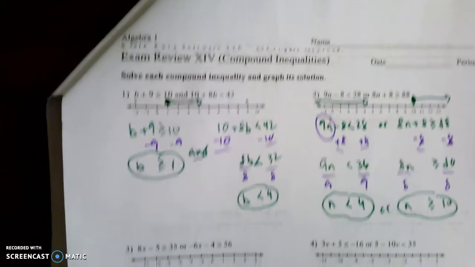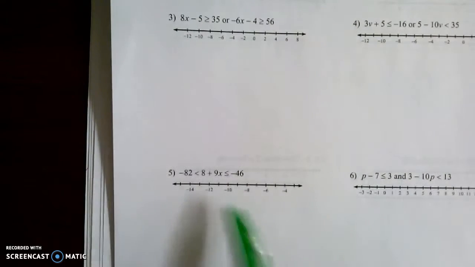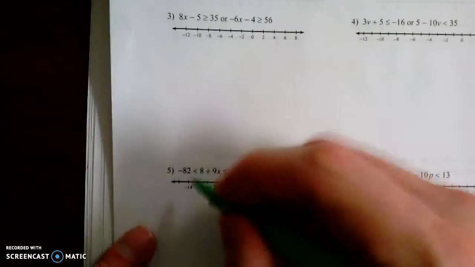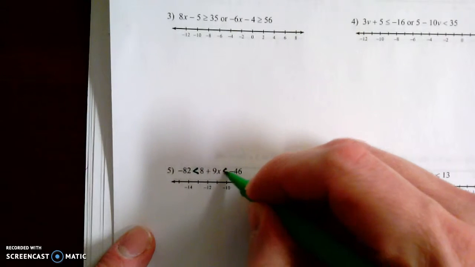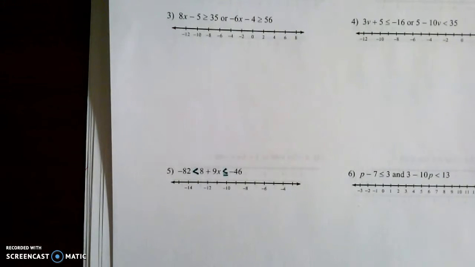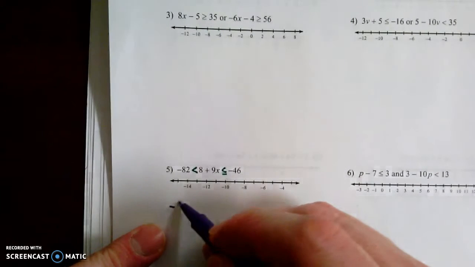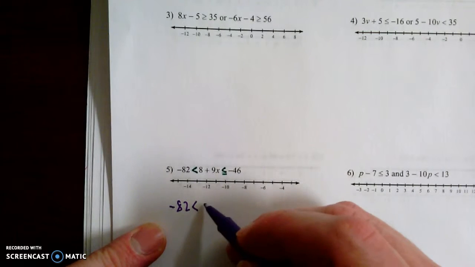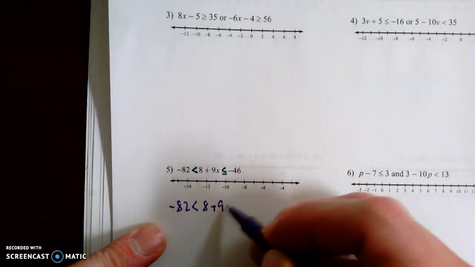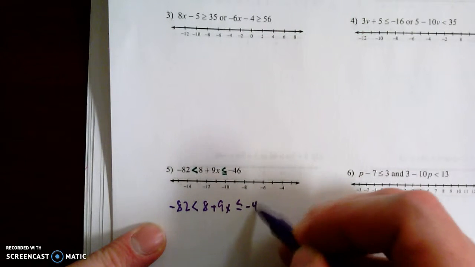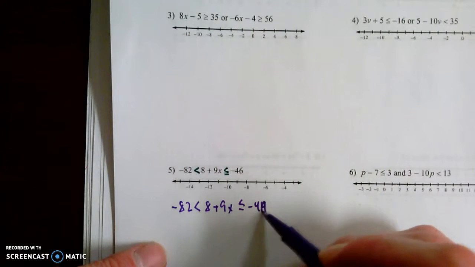All right, let's look at another example down here. We'll do this other "and" one, where there isn't the word "and," but they've just lined up the inequalities. So here, we've got negative 82 less than 8 plus 9x less than or equal to negative 46.